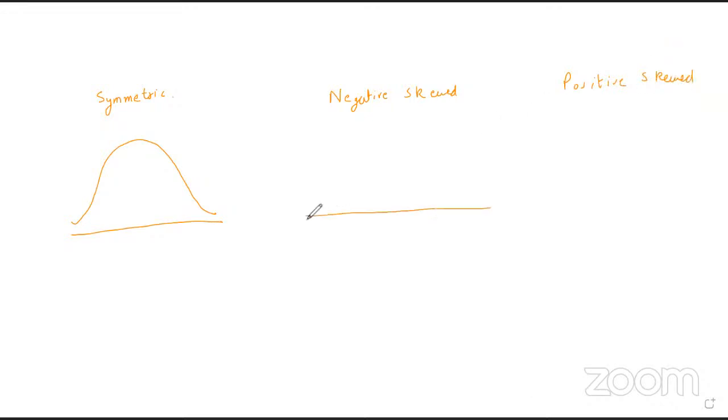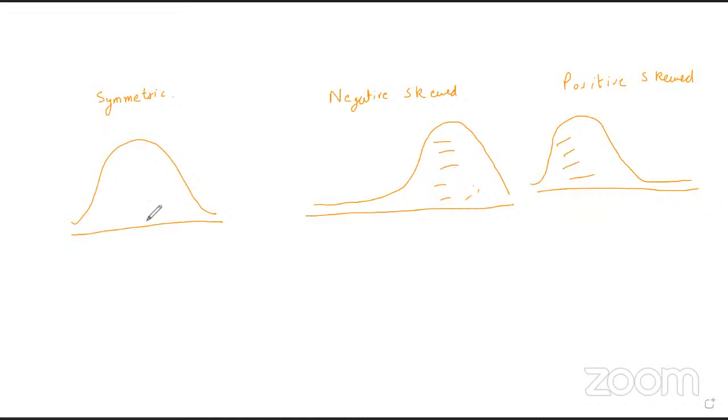So in negatively skewed, the tail part is mostly in the negative, and the majority of your probability is on the right side of the center. While in positively skewed, you have a tail on the right side, and the majority of your probability is in the left side of the region. So skew means tailed distribution.